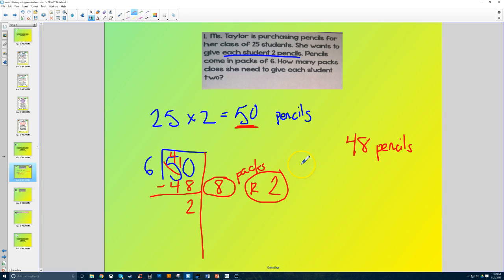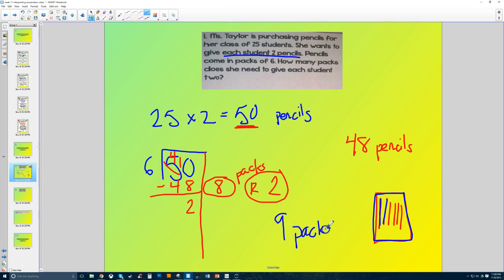So even though each pack has 6 pencils in it, let's say here's the pack and it has 1, 2, 3, 4, 5, 6 in it, she's just going to need 2 of them, but she's going to have to buy this whole entire pack to get those 2. So she's going to have to add an additional pack to her 8 packs. So she's going to have to round it, meaning that her quotient is going to be bumped up by 1. So her answer is that she's going to need 9 packs.